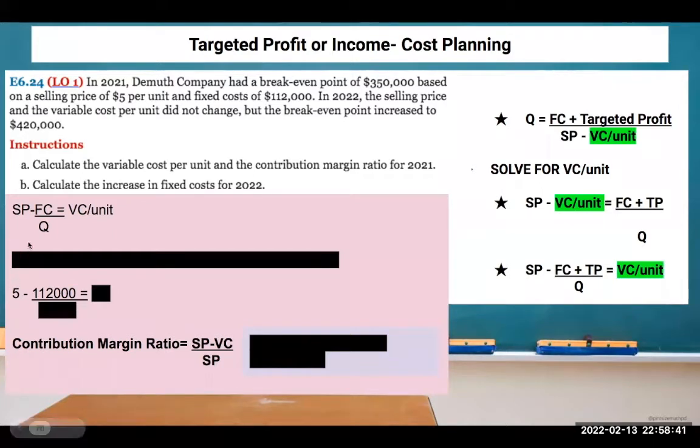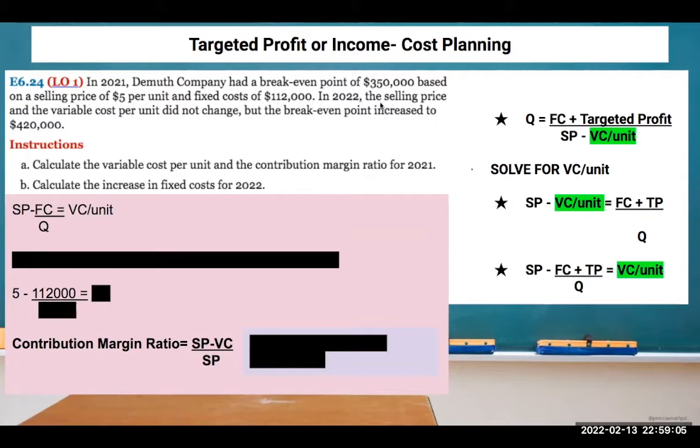What we don't know is the quantity. We don't know the quantity of break even, or we don't know the break even point in units. That's what the quantity stands for here. This is the break even point in units. Okay, this is the original formula. So Q stands for break even point in units.